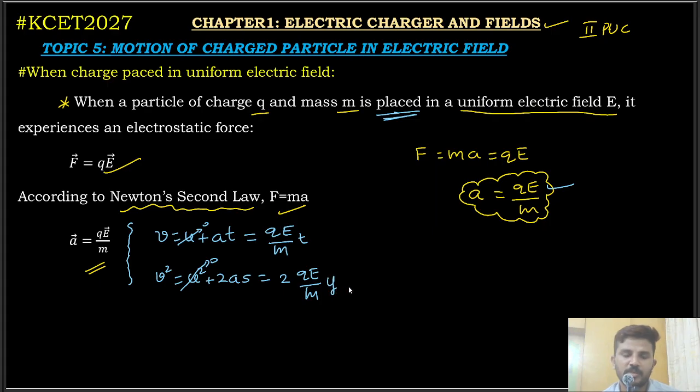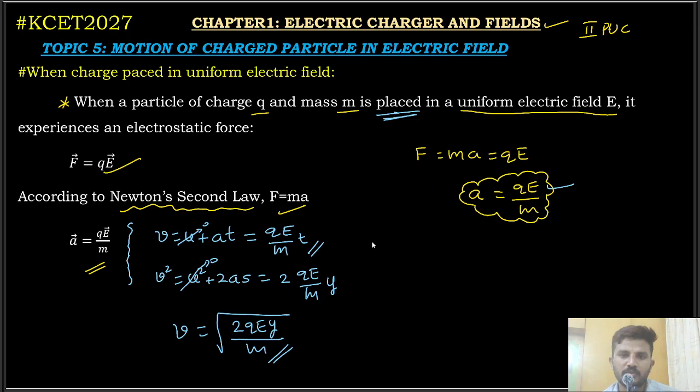Let's consider displacement along the y-axis, or you can write s in general. So this will be the formula for v square, but we want v. So v = square root of 2qEy divided by m. This is the expression for velocity after traveling through a distance y in the direction of the electric force, and qE by m into t in terms of time.